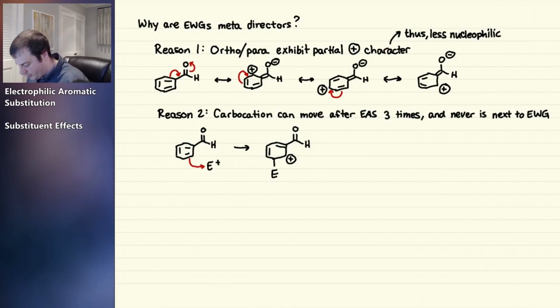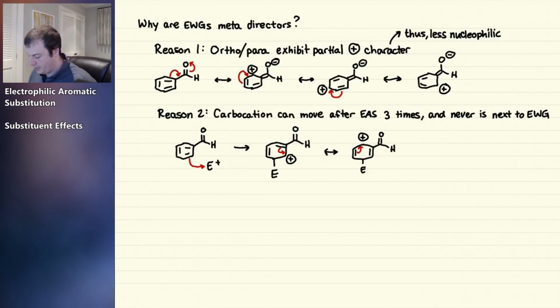And now we can draw some resonance structures for that carbocation. We can move this pi bond over. Remember, that's a pi bond next to the carbocation. That's a resonance structure that we can draw. We'll move the carbocation up here to the top, and we can draw another resonance structure where this pi bond moves over.